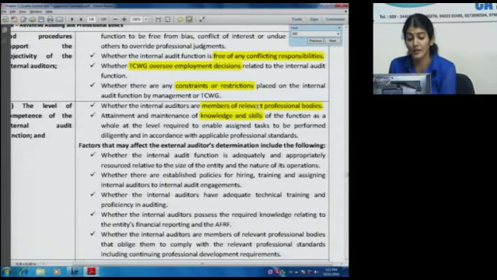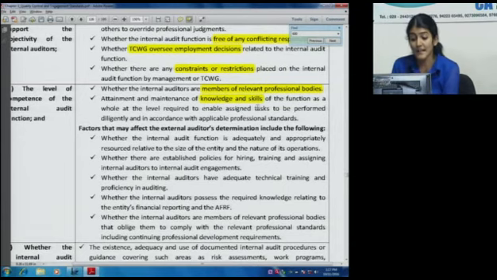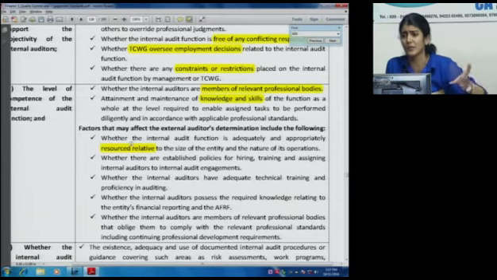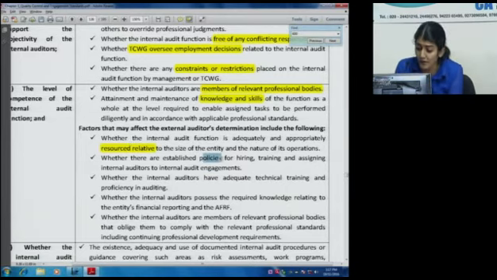Then is it adequately and appropriately resourced? So how many people are coming to do the internal audit? Three people. Three people's team is not enough. We require at least 10 people to do the internal audit, such a huge organization.